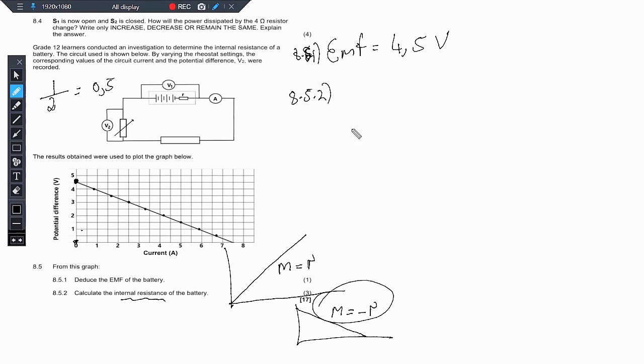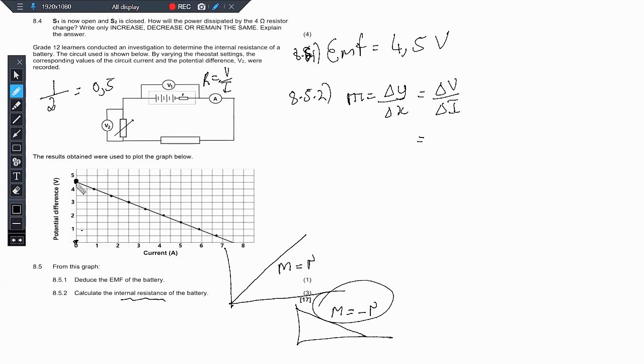Okay, so now this is how we will calculate this. To find our gradient, it's simply change in y over change in x, which in this case is change in the voltage over change in the current. Obviously from here, we can see that this resembles R equals V over I, which is why we are saying that the gradient represents the resistance. So note that.